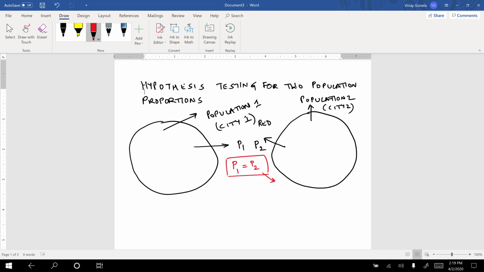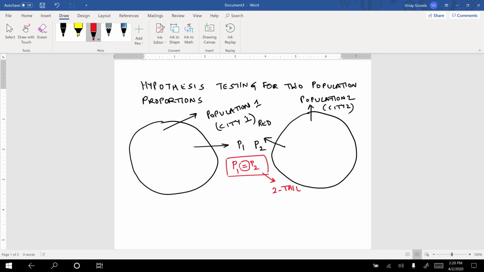So this is a two-tail problem because this is exactly equal to. So if I wanted to disprove this, I have to look at both sides of a normal distribution curve. That means if P1 is less than P2 or P1 greater than P2, then I can disprove this hypothesis.